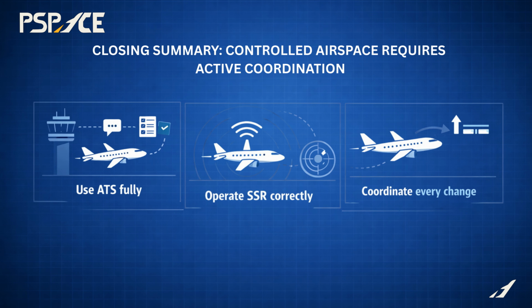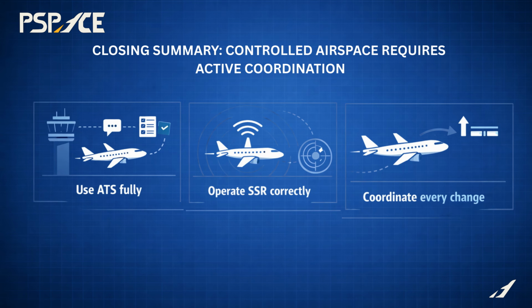The commander must then ensure that the aircraft remains properly coordinated with the appropriate ATS unit, that SSR is operated in a way that supports correct surveillance interpretation, and that any departure from assigned track or cruising level is treated as a controlled and communicated event.